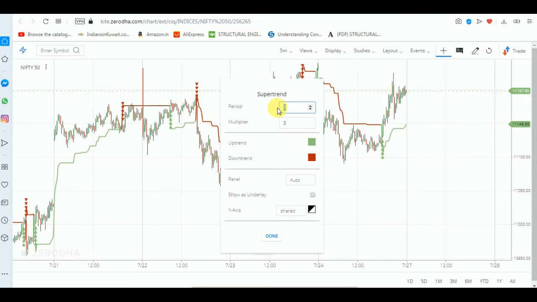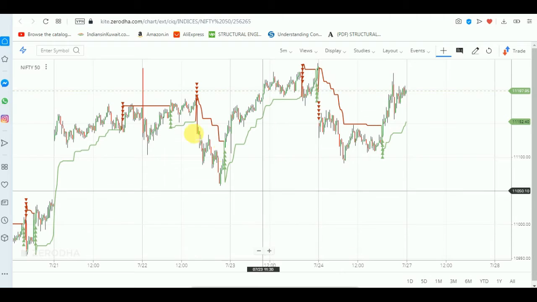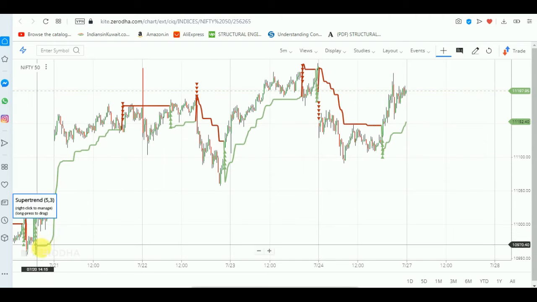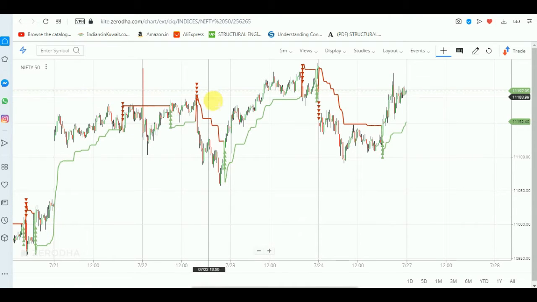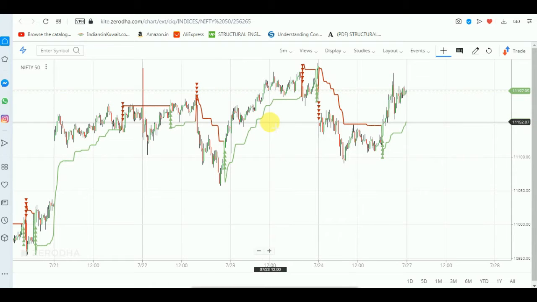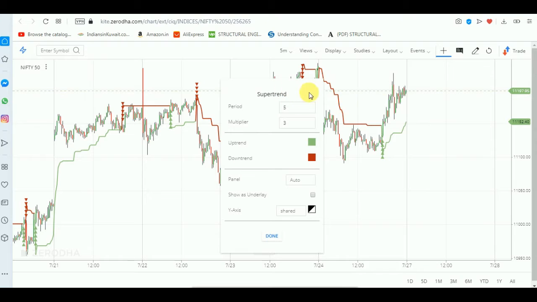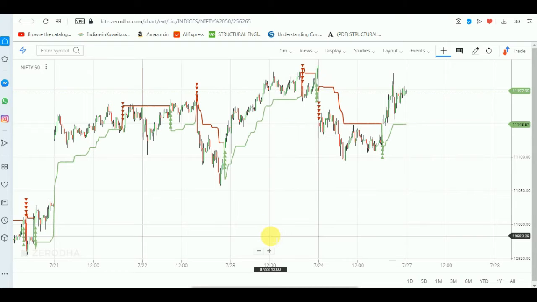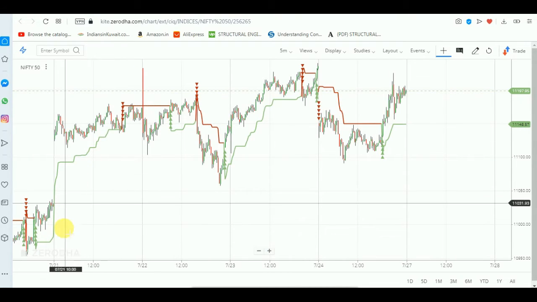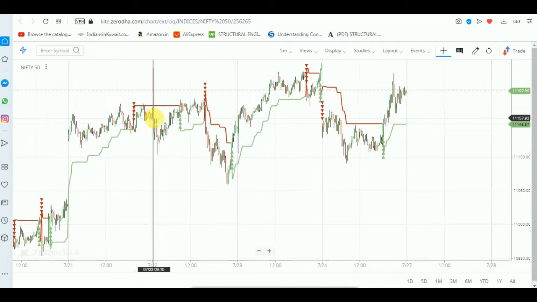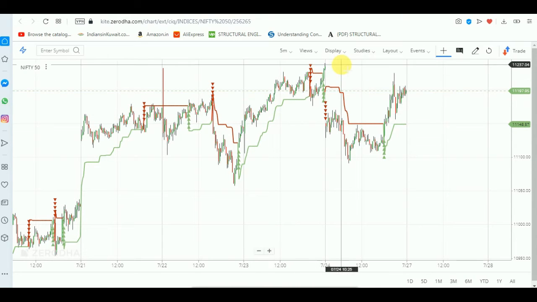Suppose I change this to 5 and keep the multiplier as 3 only. What changes happen? I cannot see a major change at all. Earlier how the lines were, it is very similar now also. Even if I change this to 10 and keep the multiplier at 3, I am not seeing any drastic change, right?